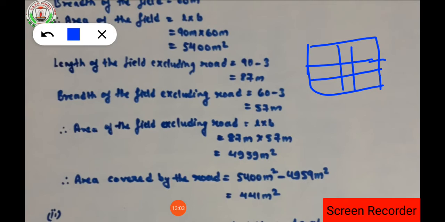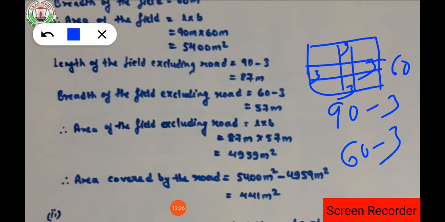So since the length is 90 meter and breadth is 60 meter, a cross road is being made whose breadth is 3 meter everywhere. So this breadth of the road, that means width of the road, is going to be subtracted from the length of the park, as well as from the breadth of the park, that means field only.